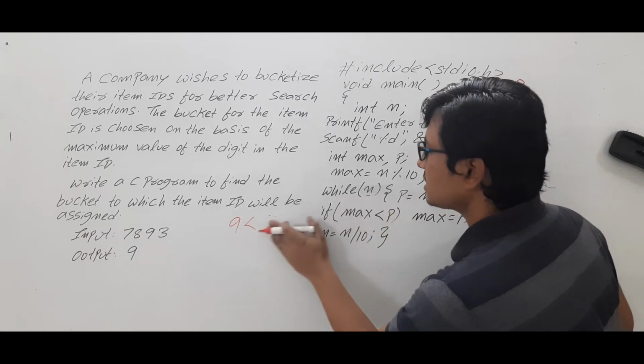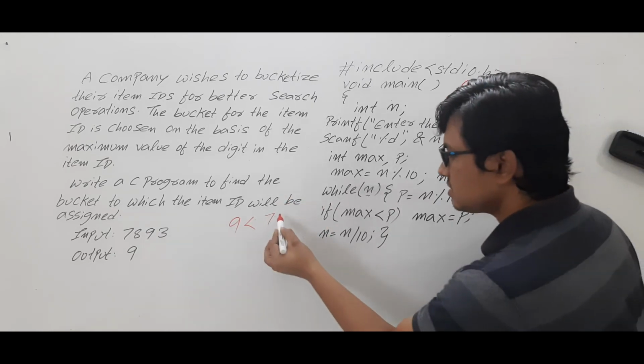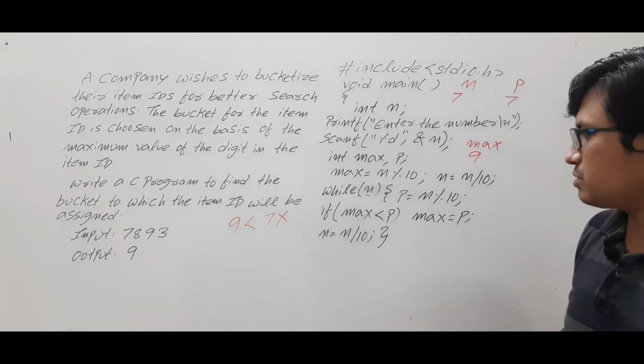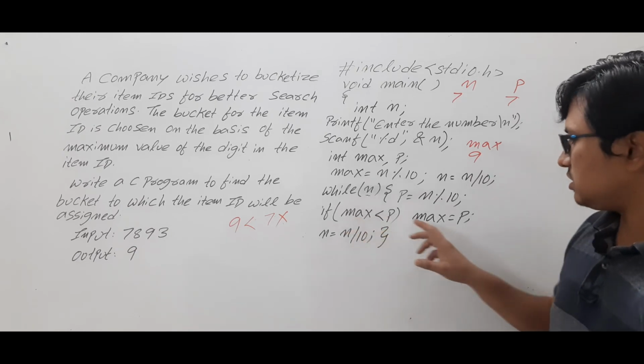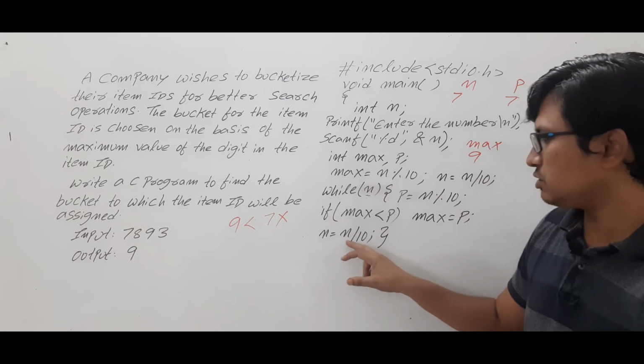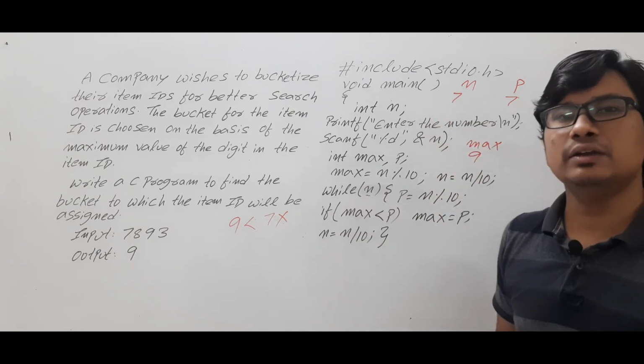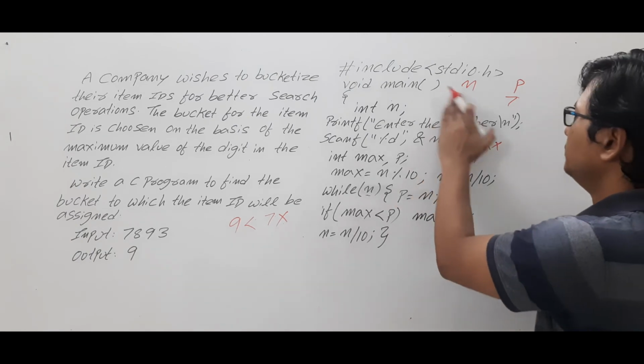Max has 9, and P has the value 7. 9 is less than 7? Wrong. 9 is greater than 7, so this condition is false. This statement will not be executed. It will execute n is equal to n by 10. n is having value 7, 7 by 10, you will get the quotient as 0.